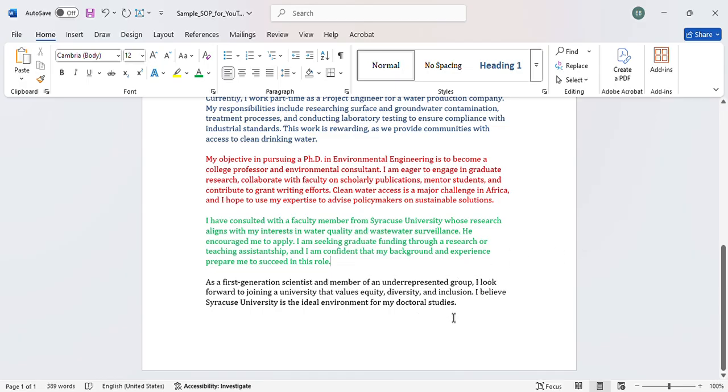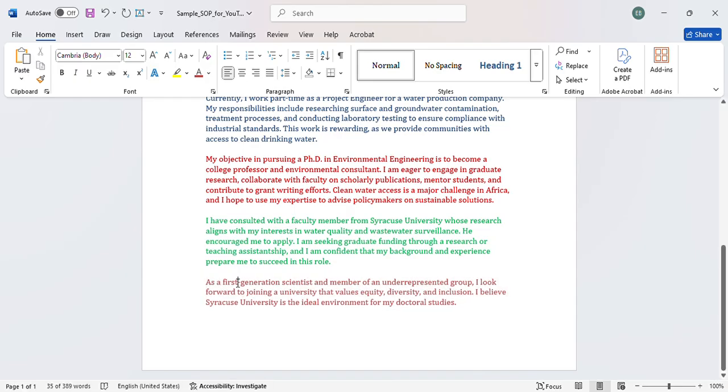Let's look at the concluding paragraph, the last paragraph.